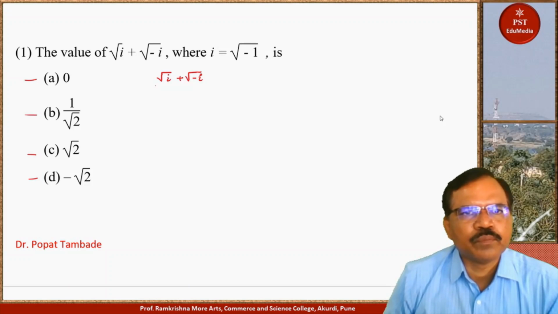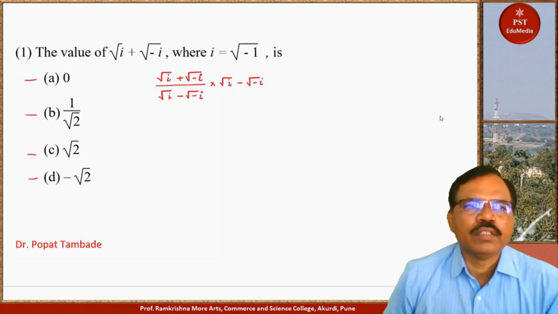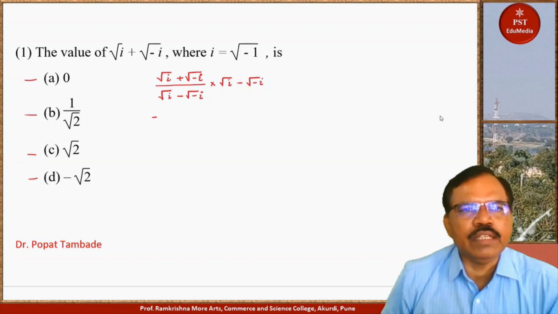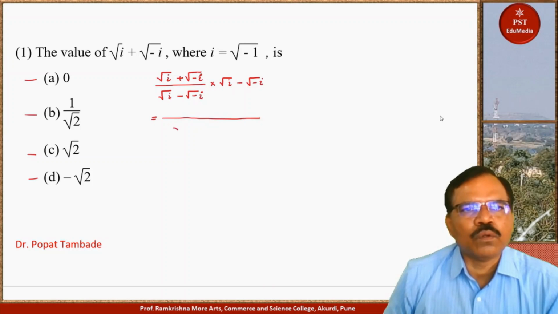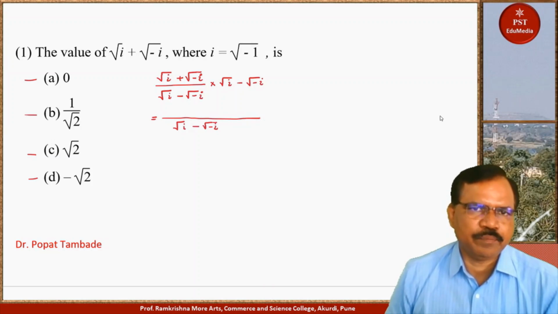So suppose we divide this by root of i minus root of minus i and multiply by the same, that is root of i minus root of minus i. So here this one will be equal to, I will get root of i minus root of minus i in the denominator.